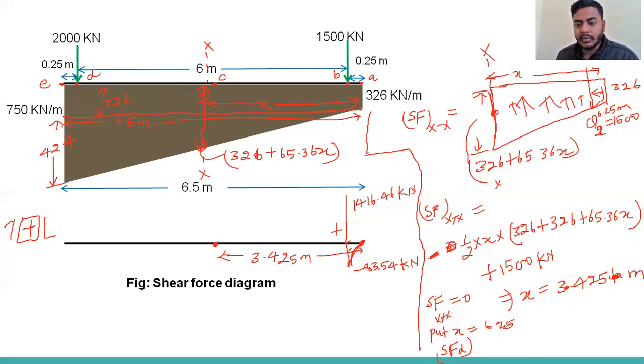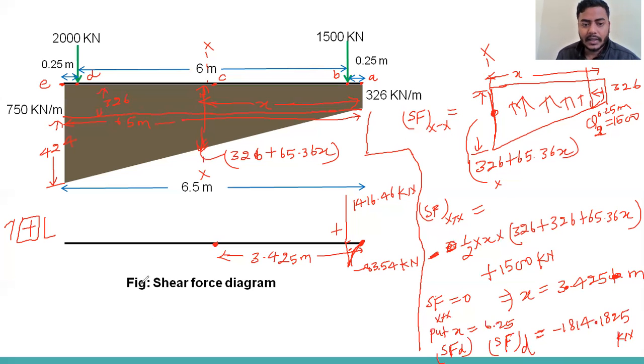So putting x equal to 6.25, you can get the shear force at D, just on the right side of the Q1 load, and we get minus 1814.1825 kilonewton.